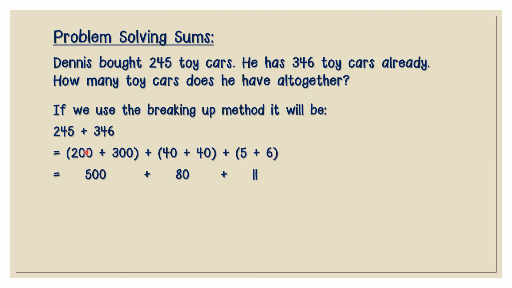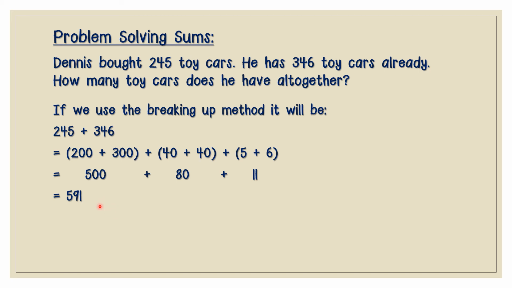So if we add 200 plus 300, it will give us 500, plus 40 plus 40, which is our tens, will give us 80, plus if we add our units, 5 plus 6 is equal to 11. And our last step is to add our 500 plus 80 plus 11 will give us 591. So that is our answer.